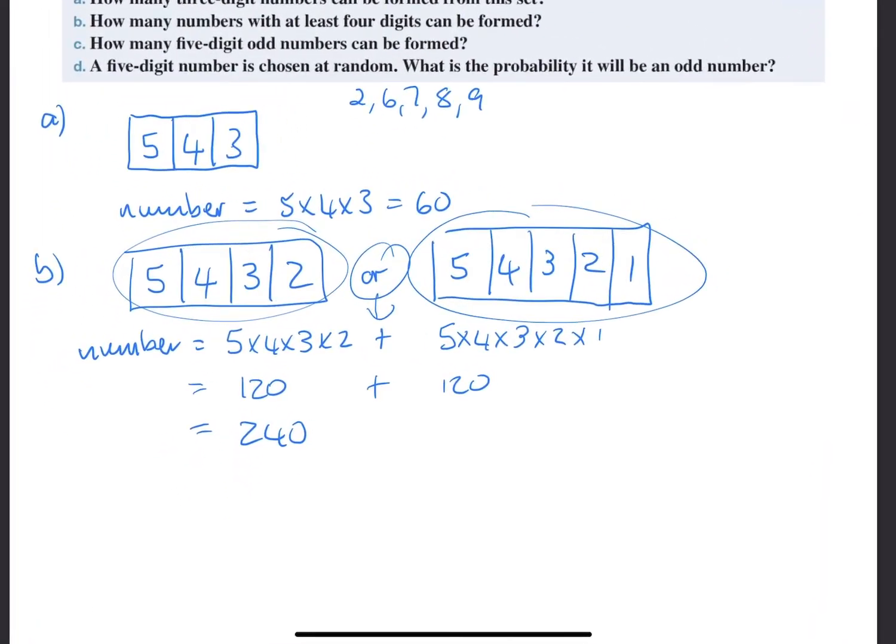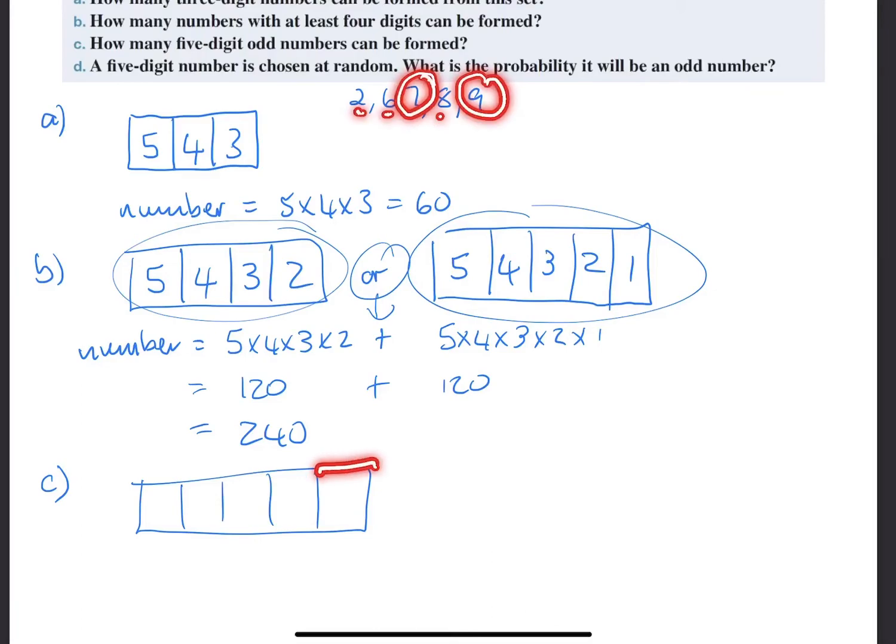For C, it says how many 5-digit odd numbers can be formed. If I look at my values, for this to be odd, 2 is even, 6 is even, 8 is even, which leaves 7 and 9.